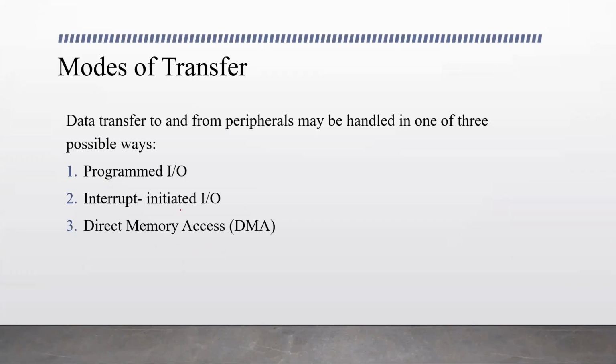In interrupt initiated IO, the transfer is initiated by the interrupt signals sent by the devices. Direct memory access is different in that data transfer is done directly between memory and other devices, the peripherals.